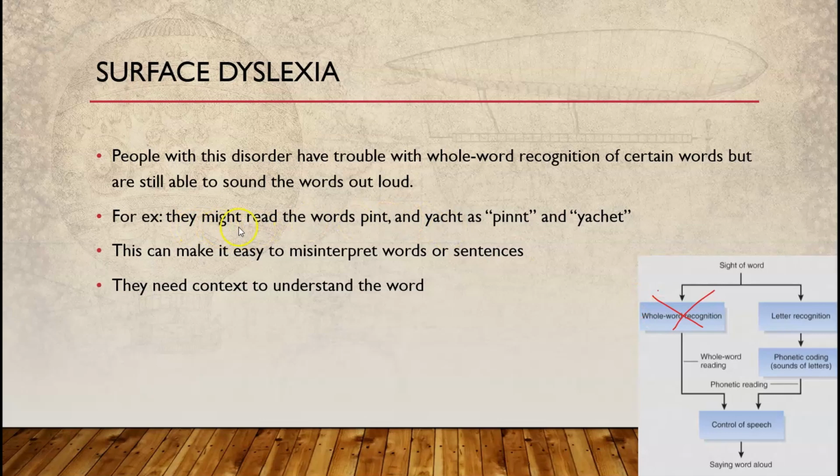For example, they might read the words pint and yacht as "pint" and "yacht" with the wrong sounds, but they can still recognize the letters and sound it out, so they can say the word to help them read it. But this can make it easy to misinterpret words or sentences. As you can see, for example, if you were to see this by itself, you'd be like, what is that? But if the whole sentence says, I need a pint of beer, then you'd understand it.